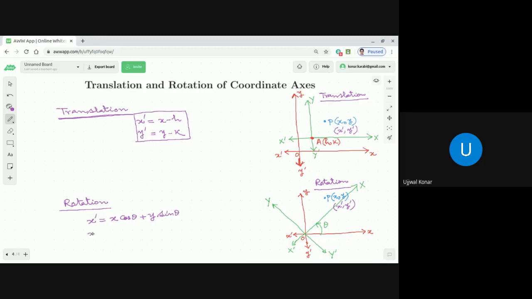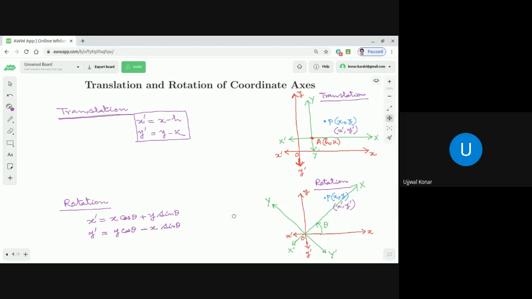And the new y dash, I'm so sorry, becomes y cos theta minus x sin theta. So that means x and y are known to you, theta is known to you, you can find the values of x dash and y dash.